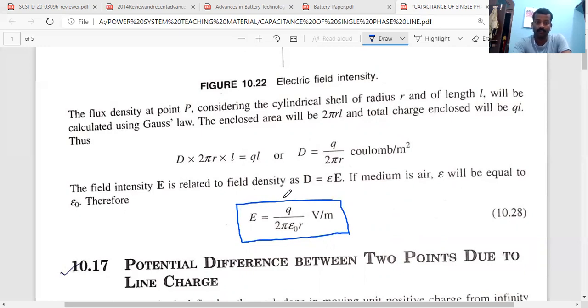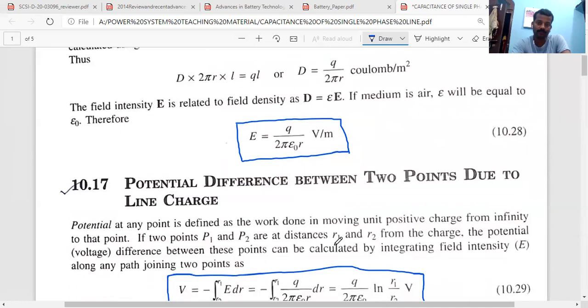You have to remember this formula: the electric field intensity due to a line charge is equal to Q upon 2 pi epsilon naught r. This is the electric field intensity at radius r due to the line charge density Q.